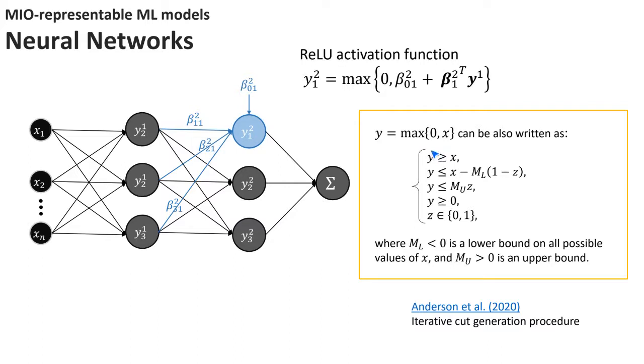And the way we can describe it is using this set of 5 constraints plus a binary variable z, which is one way to do it. This is not really efficient because we use some big M formulation, but there are some other approaches in the literature, like the one proposed by Anderson et al., where they use an iterative cut generation procedure to get the same solution, of course, but in a much faster way.